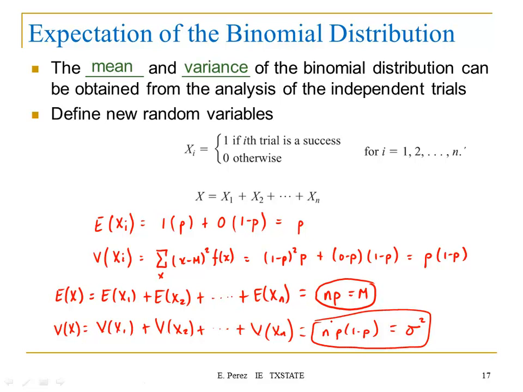So if I ask you to compute the mean of a binomial random variable, the only thing that you have to do is to multiply the sample size times the probability. If I ask you to compute the variance of a binomial random variable, then you use this expression.